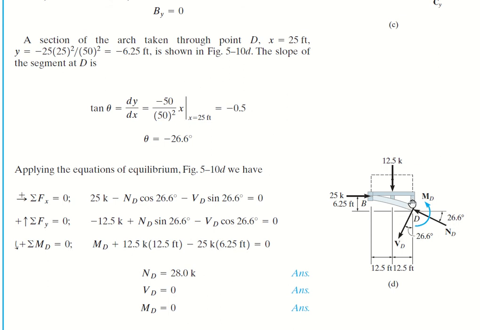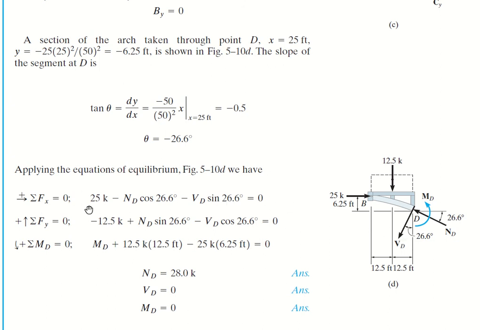Similarly this VD has two components, one horizontal and the other vertical. Okay, so if you remember what we discussed in the previous lecture or previous video, the F and P, right? So these are actually those F and P, the normal component and the shear component, and the bending moment is of course there.